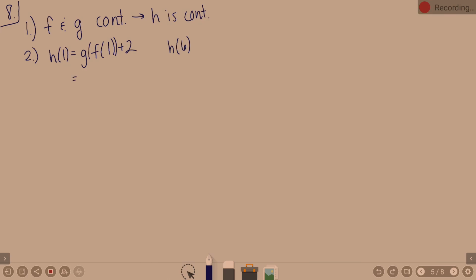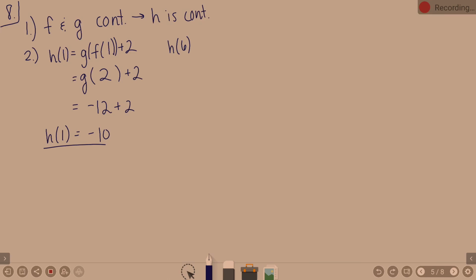Okay, good review, guys. G of f of 1. How do we do composite functions here? G of, what's f of 1? 2. You guys agree with her? Look at your table. F of 1 is 2. And then plus 2. What's g of 2? -12. And negative 12 plus 2? -10. So h of 1 is negative 10.